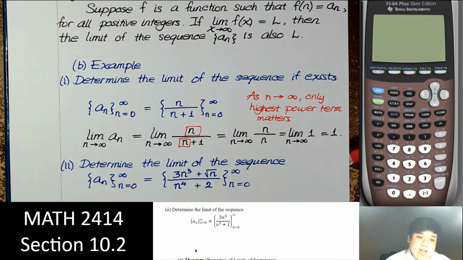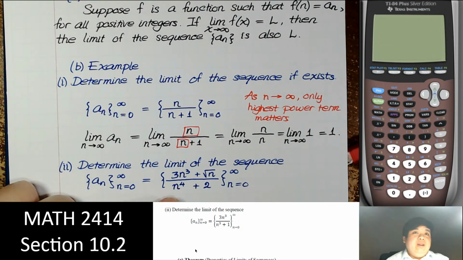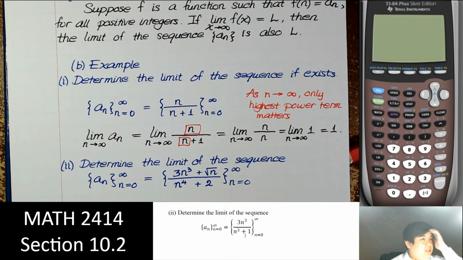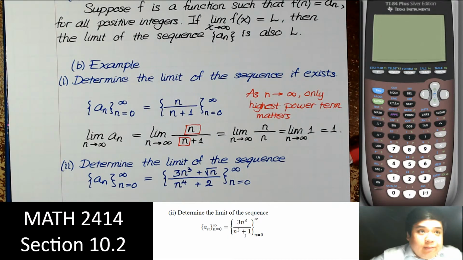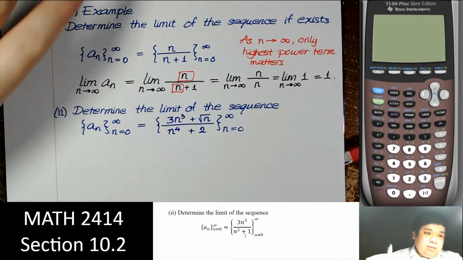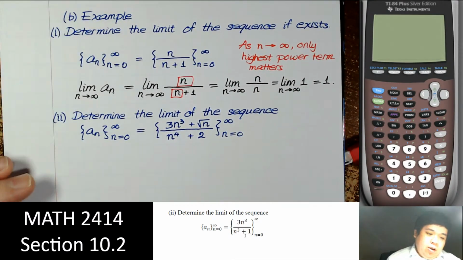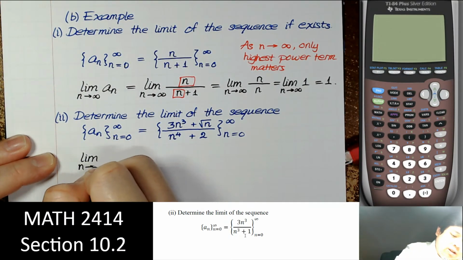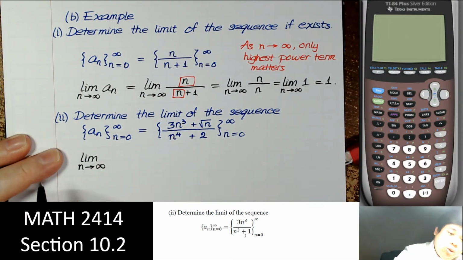Not slightly, I think completely different. Instead of that problem over there in the note, I'll change into this instead. Right, so we'll find the limit of the sequence, meaning as n goes to infinity.